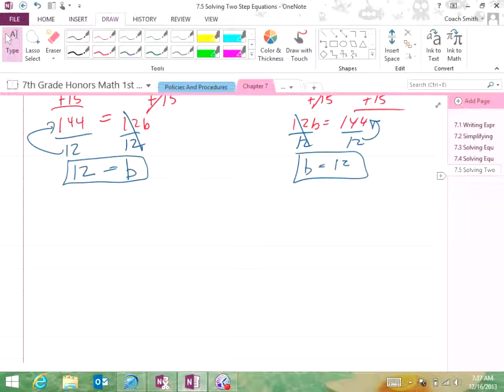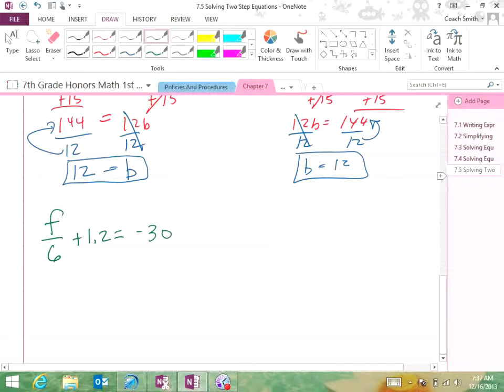All right, f over 6 plus 1.2 equals negative 30. Once again, the process doesn't change just because we've introduced a decimal into the problem. The process is always the same.